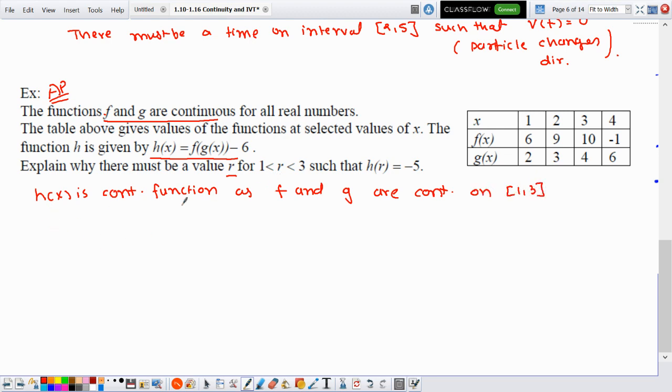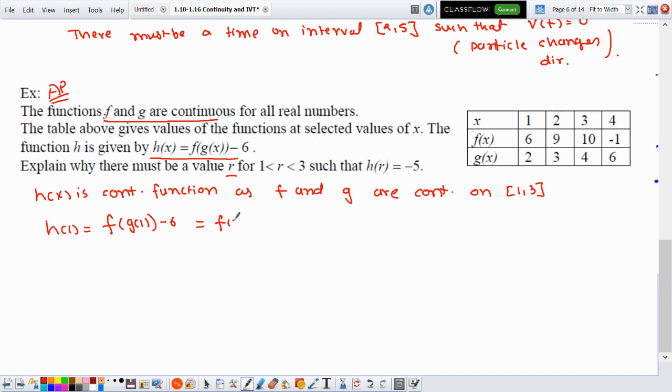Okay, so now we have to find two y values. What is h of 1? h of 1 is f of g of 1 minus 6. You have to find that number, which is g of 1 is 2. And what is f of 2?